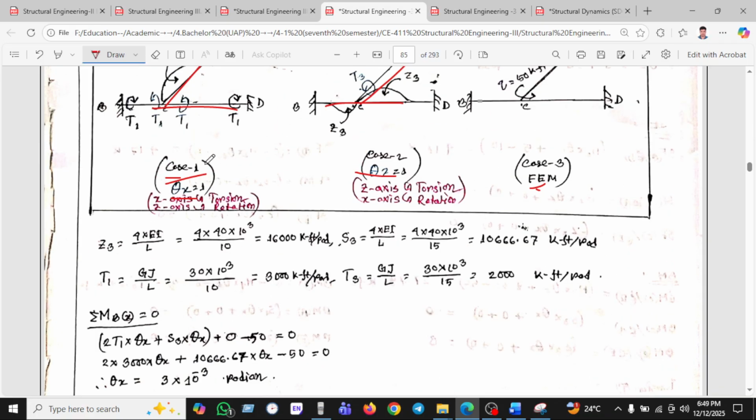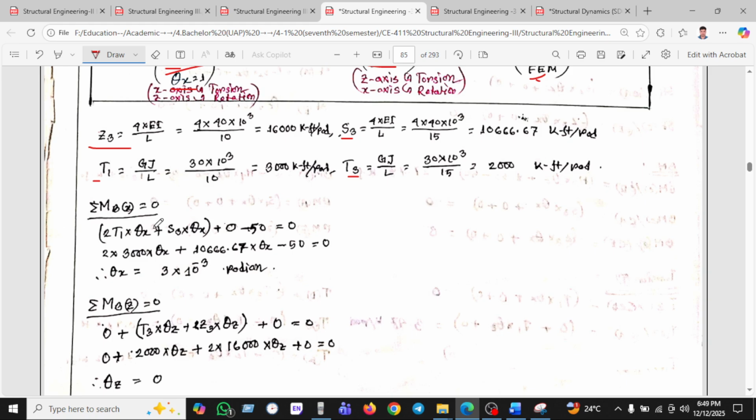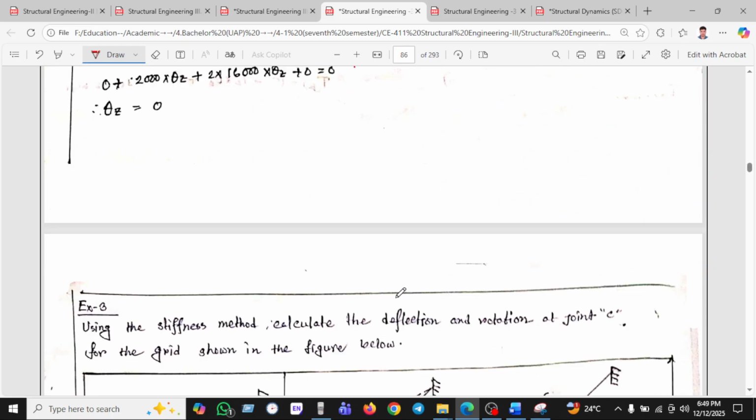After putting this value and finding all the values z3, s3, t1, and t3, in the same way we can calculate the moment, as shown previously.